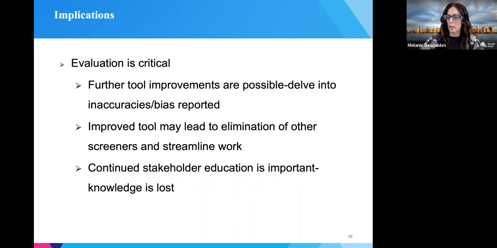And that has implications for how much it's being used. Obviously, we want to have a system that's going to be the most useful for the end users, right? We don't want people to lack trust in the system.